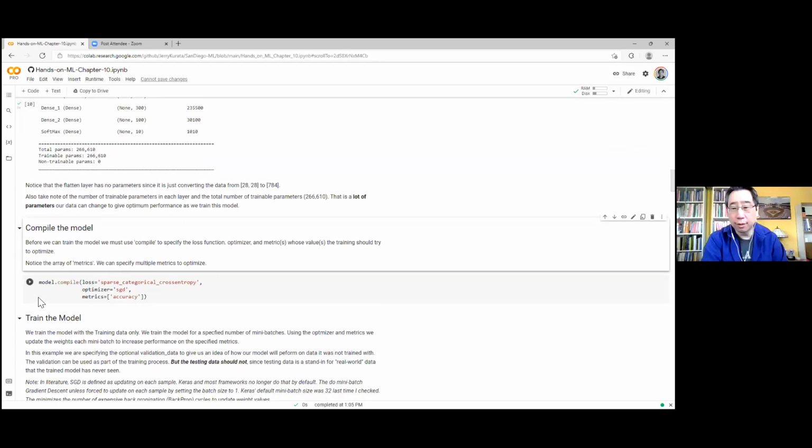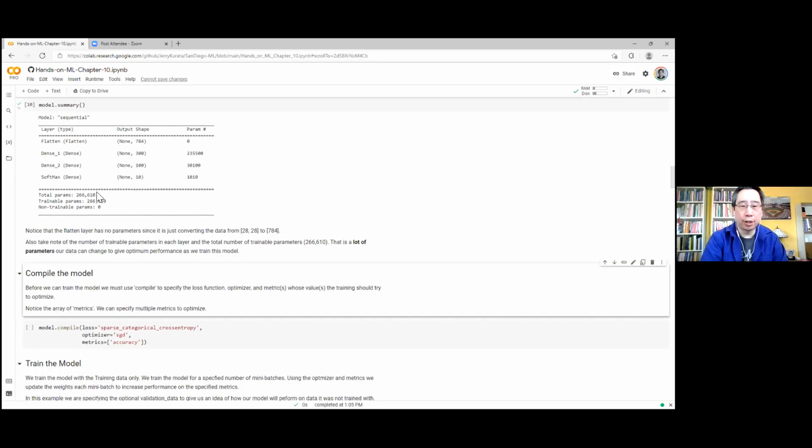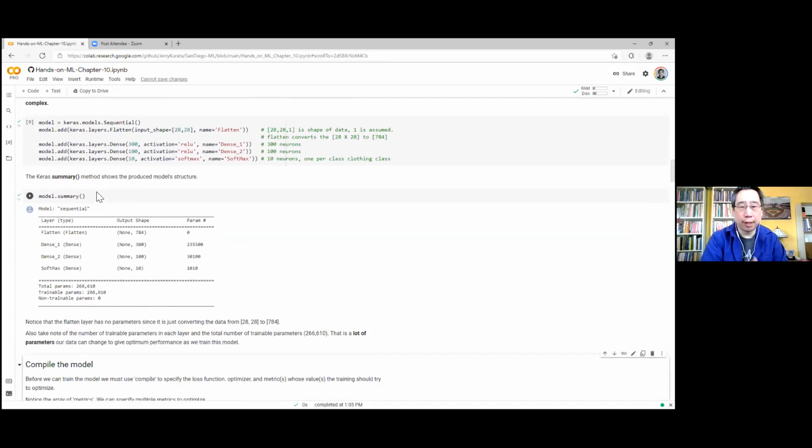Okay. Hey, Jerry. Go ahead, Ted. Before you move on here, if we could just pause and talk a little bit, for people for whom Keras is new. So this sequential model, like Jerry said, you're just adding layers one at a time. And one of the consequences of that is that you can only have one set of inputs and you can only have one set of outputs. Exactly.